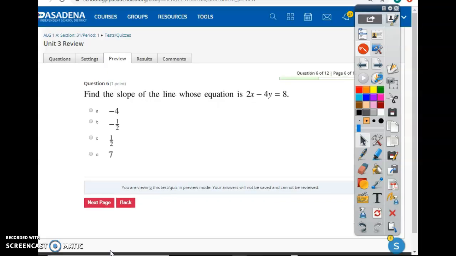Problem number 6. You have to solve for y. So you're going to use the notes that we did for MDR. That means move, divide, reduce. Move the x, divide by whatever the y is, -4 everywhere, and then reduce.